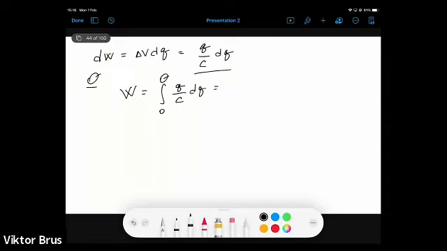So we know that, do we know? Let's check. What do you think? Does capacitance C of this capacitor depend on the electric charge which is accumulated on the plates or not?